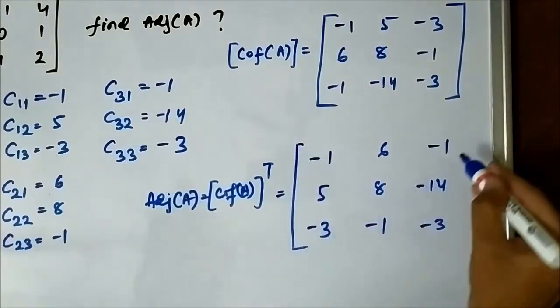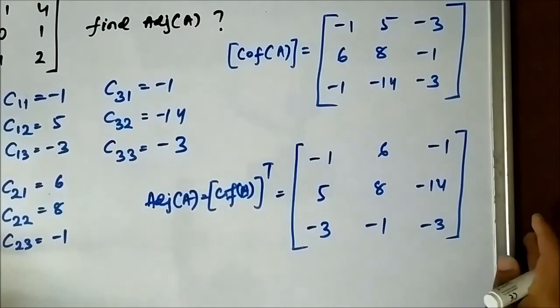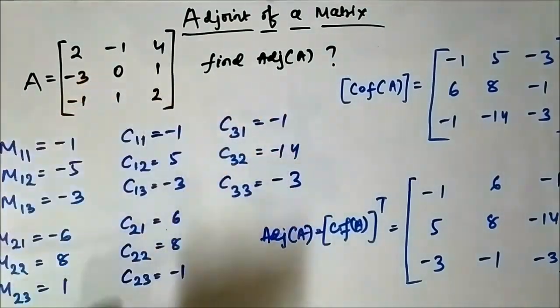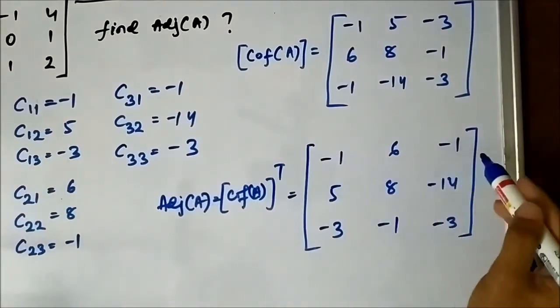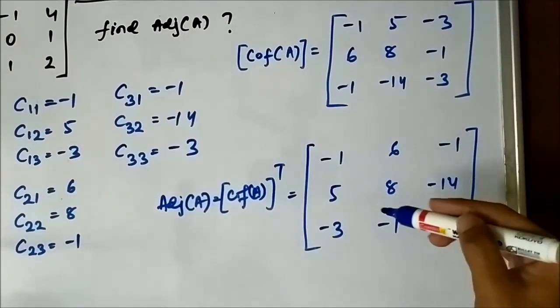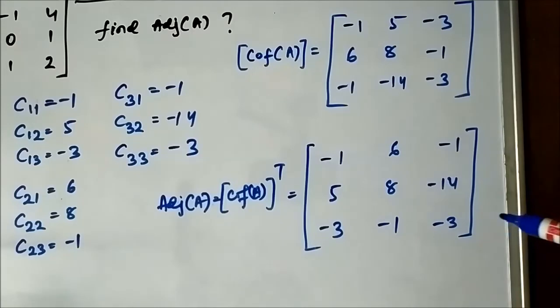This is the required adjoint matrix of the given question. The adjoint of A is minus 1, 6, minus 1, 5, 8, minus 14, minus 3, minus 1, minus 3. So this is how we calculate the adjoint of a third order matrix.